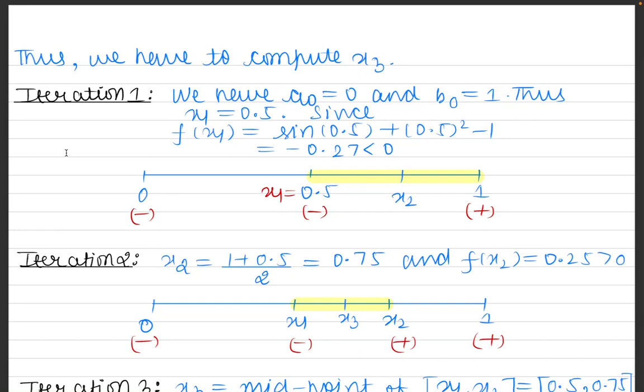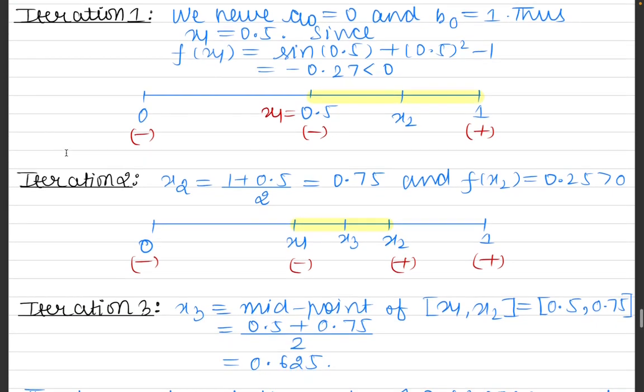So iteration 2. What is x2? x2 will be 1.5 by 2, which is 0.75. So x2 will be here, the midpoint of this interval. And if you compute f of x2, it will be 0.25, which is positive.